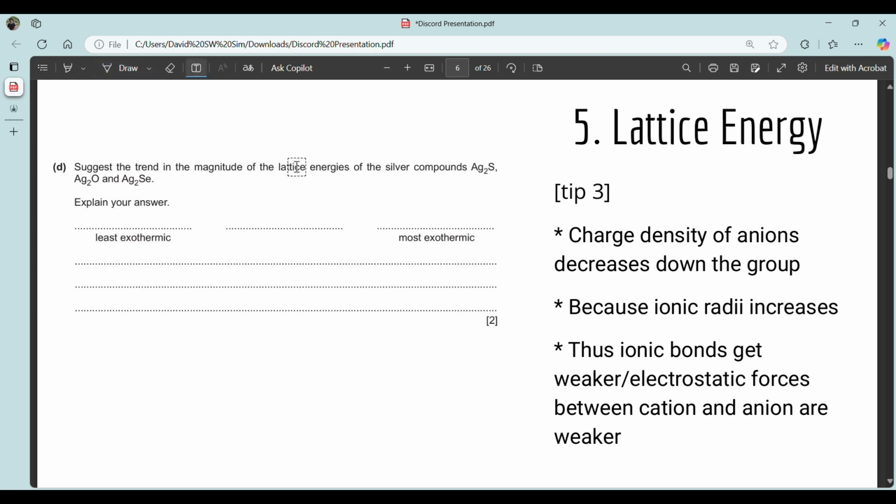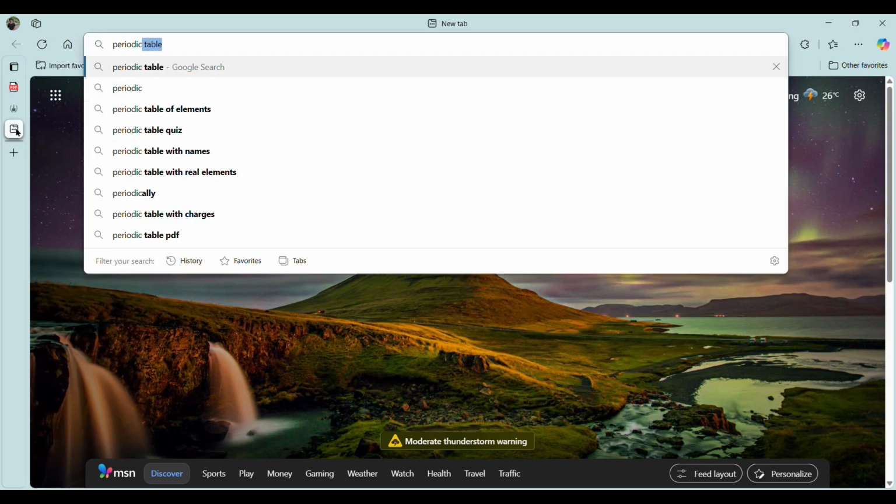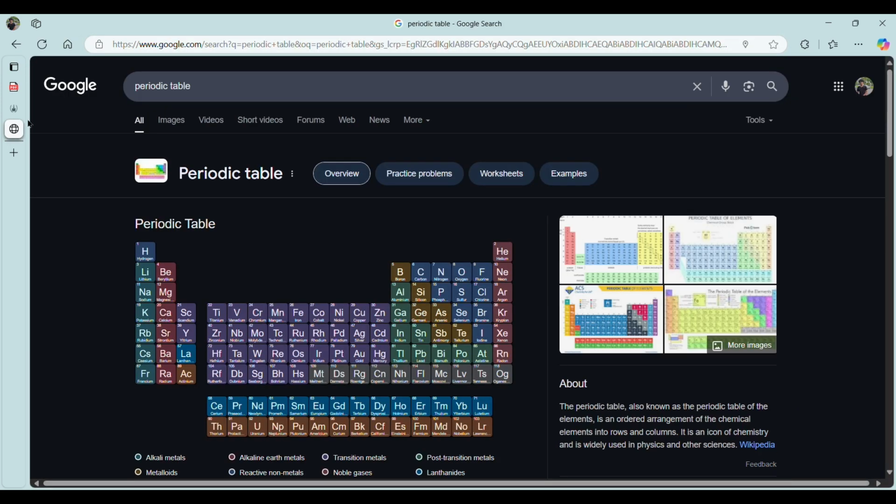Okay, so let's look at Ag2S, Ag2O, and Ag2Se. So Ag, the cation, is the same. The difference here is the non-metal, the anion. So let's pull up our periodic table.